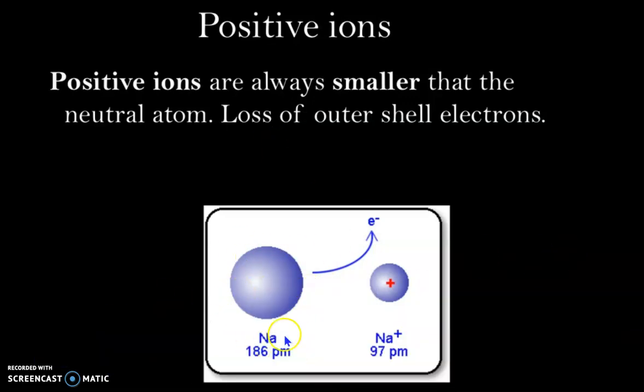Just consider the example of sodium. In the atomic state sodium has a size of 186 picometer, and on loss of an electron it goes to 97 picometer. So the size decreases as compared to the parent atomic state.